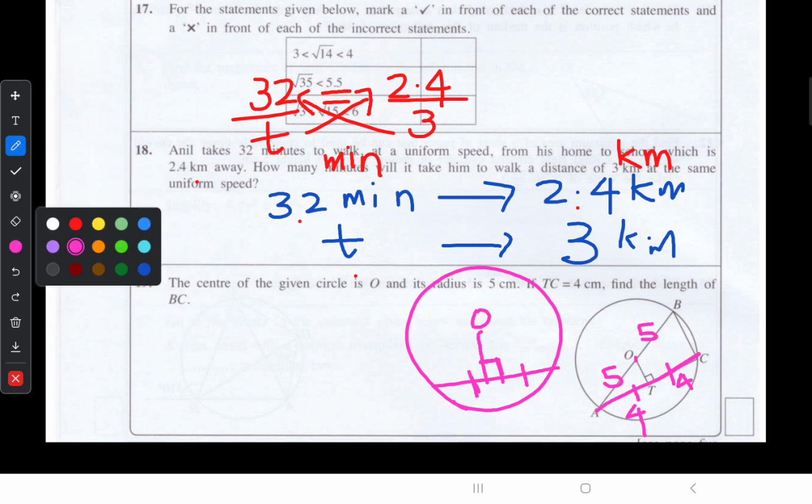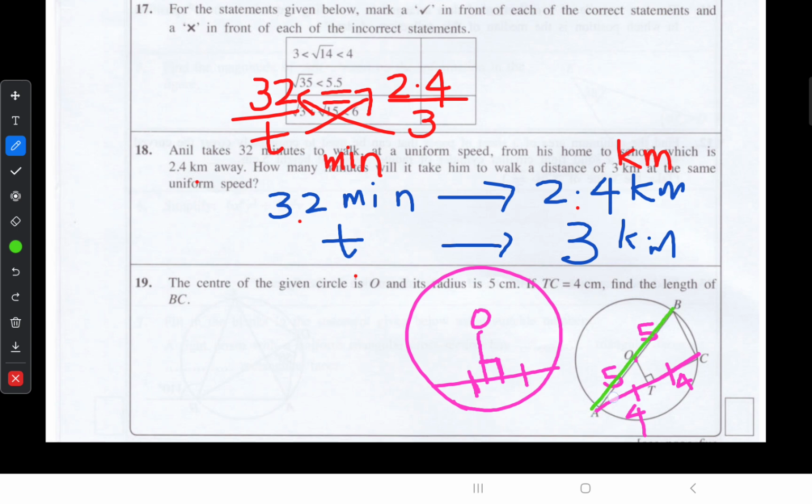Okay, Pythagoras theorem. In this picture, this one should be perpendicular, a right angle. In this right triangle, we will use the Pythagoras theorem.